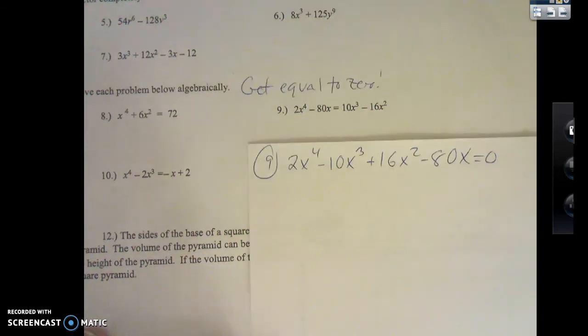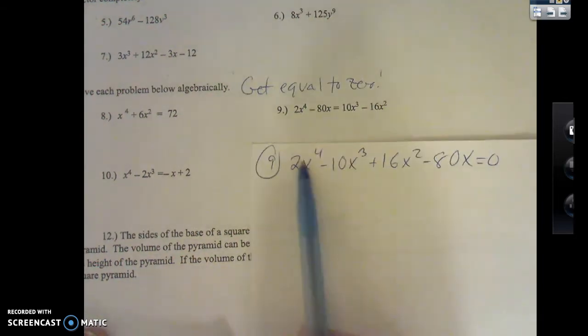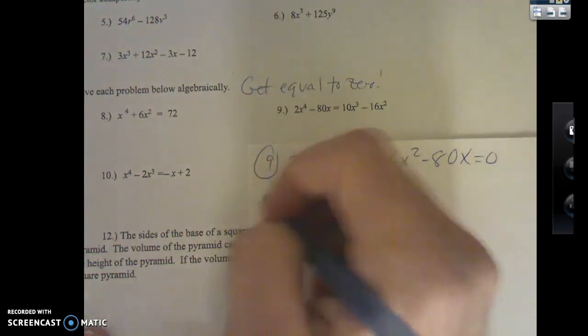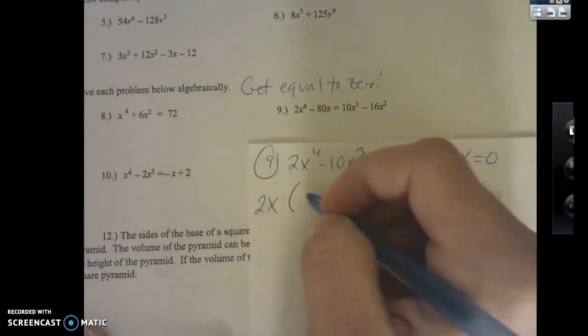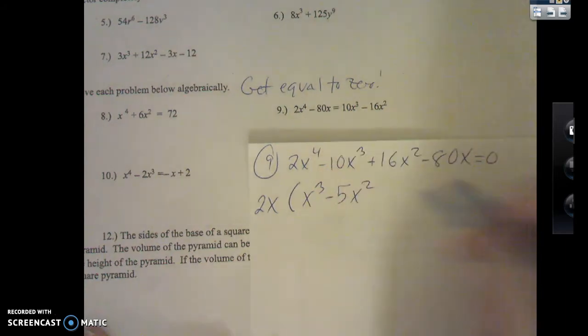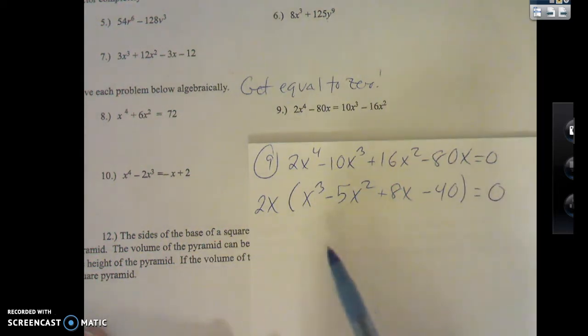In this problem, I get a little bit lucky because I have a GCF that can go into all 4 of them. I can pull out a 2x. If I divide everything by 2x, I'm left with x cubed minus 5x squared plus 8x minus 40. I'm just trying to make my life easier.